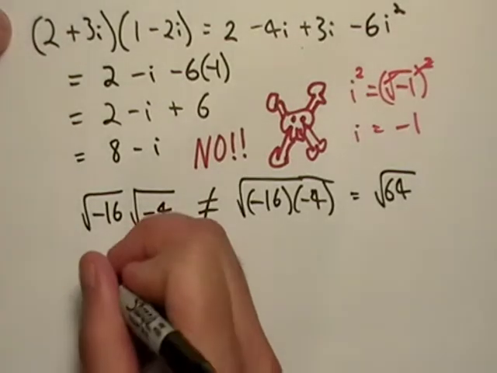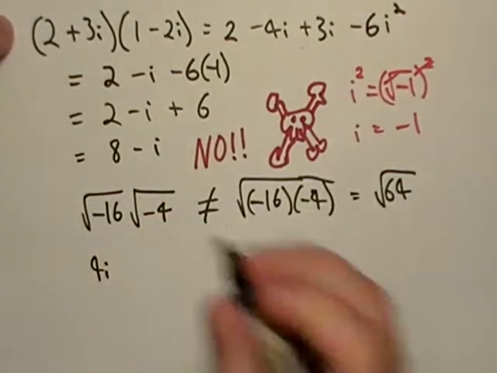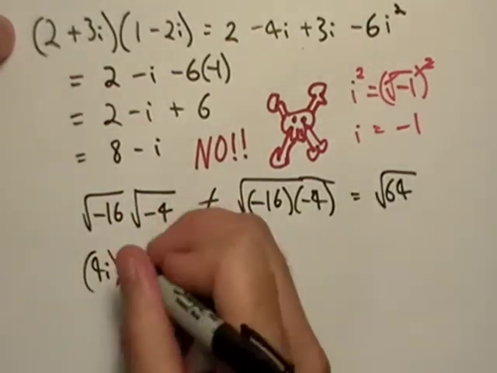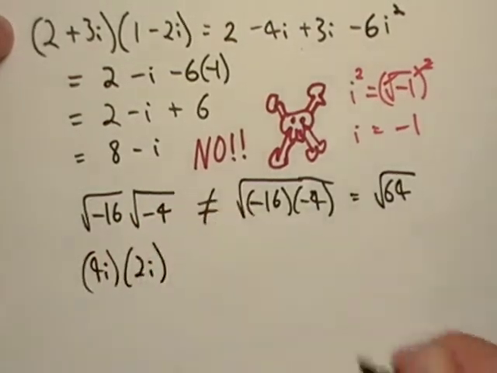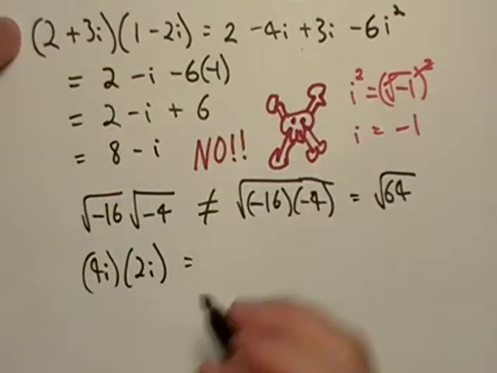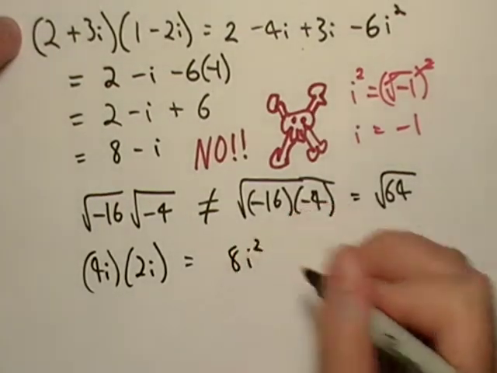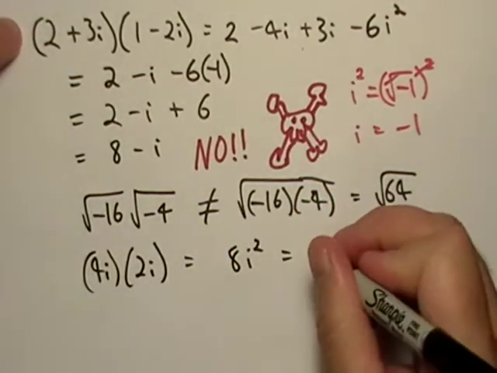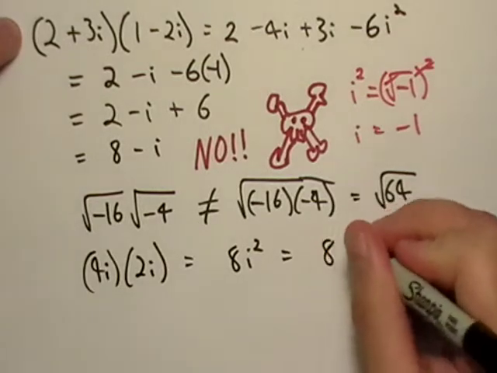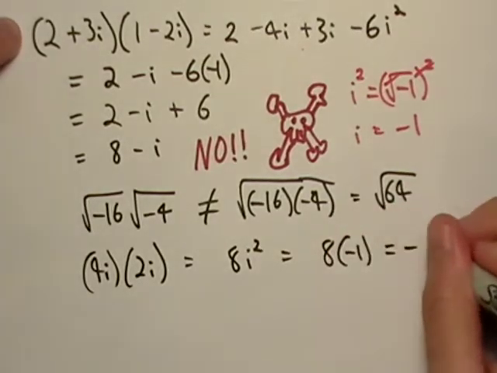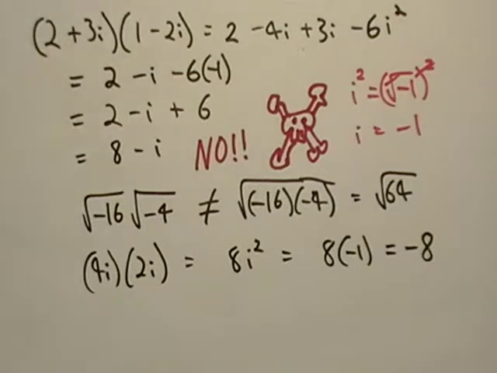This is just 4i multiplied by 2i, which is equal to 8i squared, which is 8 times negative 1, which is just negative 8. That's how you handle one of those. So just make sure you always put the complex number into complex form.